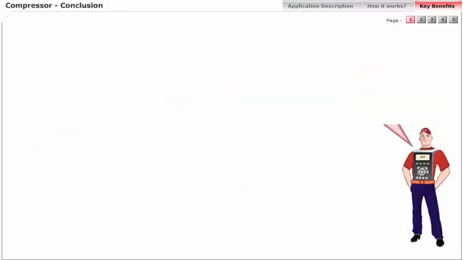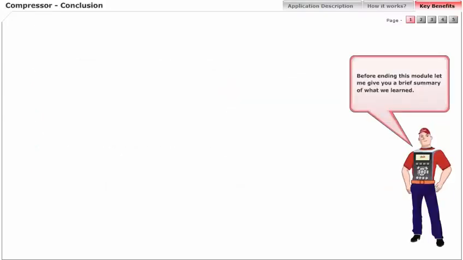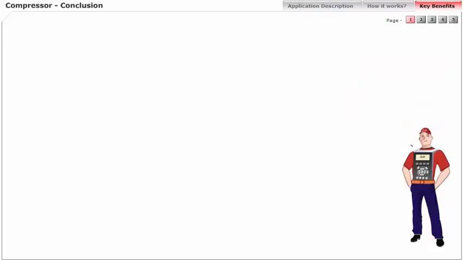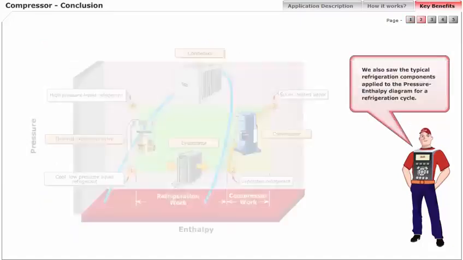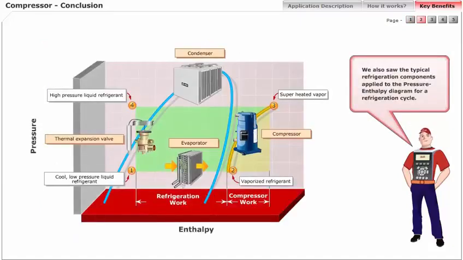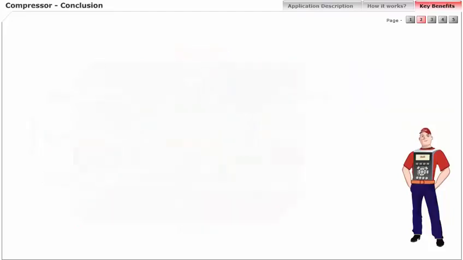Before ending this module, let me give you a brief summary of what we learned. We saw the 3 types of air conditioning systems, and also saw the various types of compressors used in air conditioning. We also saw the typical refrigeration components applied to the pressure enthalpy diagram for a refrigeration cycle.